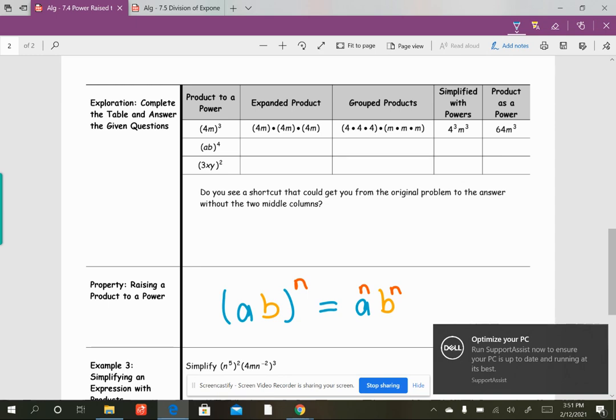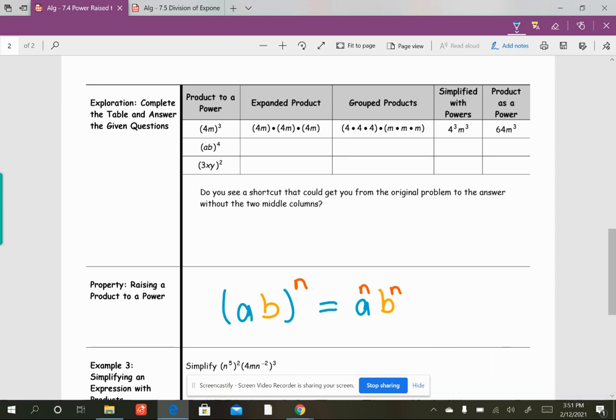We're going to take what's inside, again, and multiply that by itself 3 times. So we have 4m times 4m times 4m. Then we can look at each one of those terms as separate terms. 4 is its own term, being multiplied by itself 3 times, and so is m. They're different bases, each multiplied by itself 3 times.